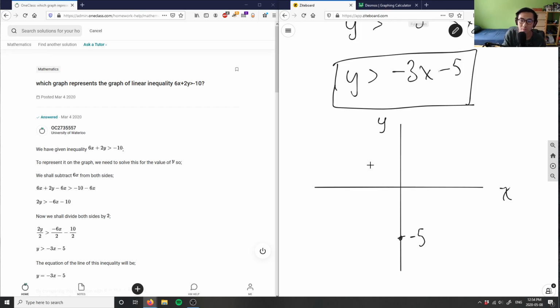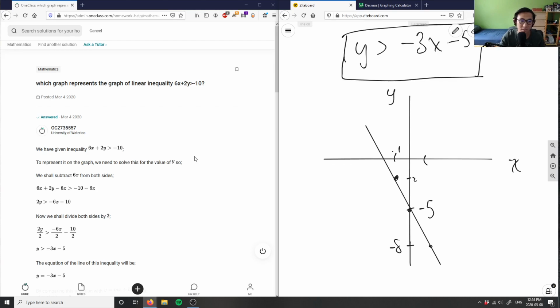So my line is going to point downwards like this, and then it's rise over run. So I'm going to go down by 3 and then go to the right by 1. Down by 3 would be like negative 8, right by 1 would be 1 here. And then I can also go up and say this is negative 2, and this would be negative 1. So I would get a line that looks something like that, and this would be my line for this inequality.